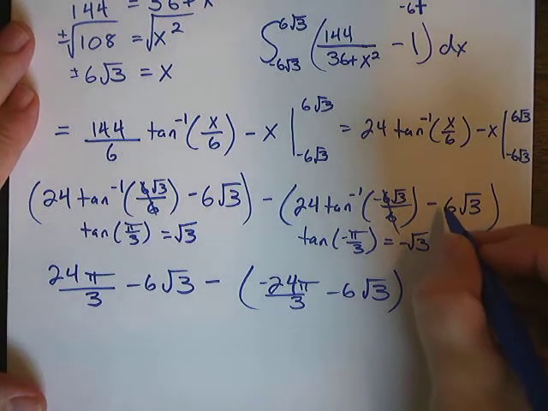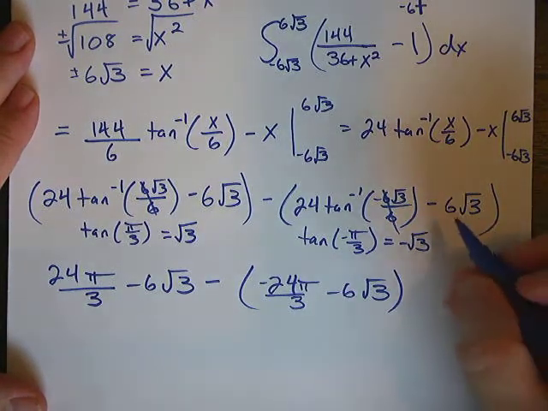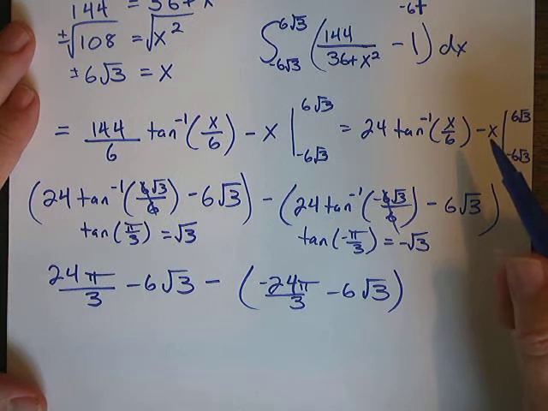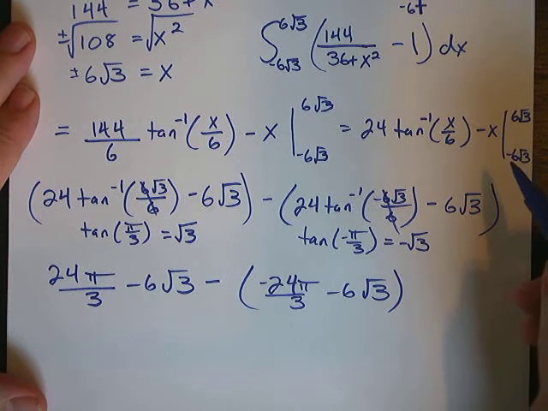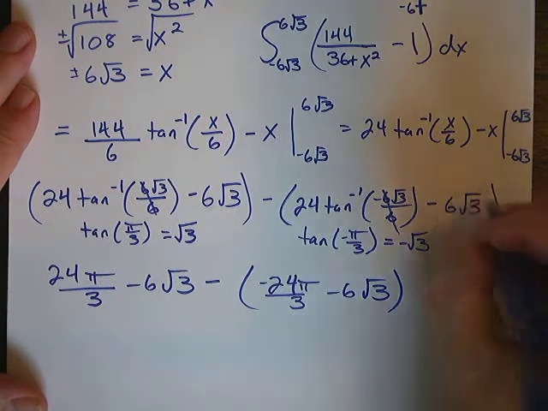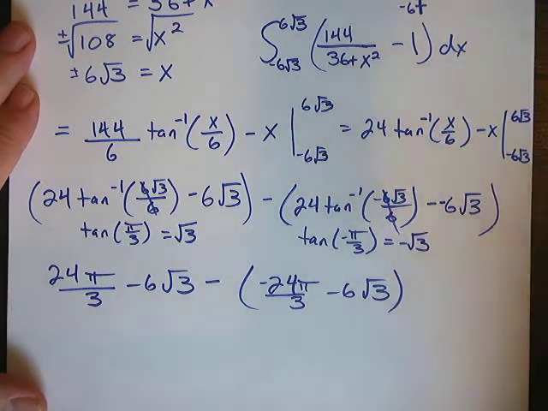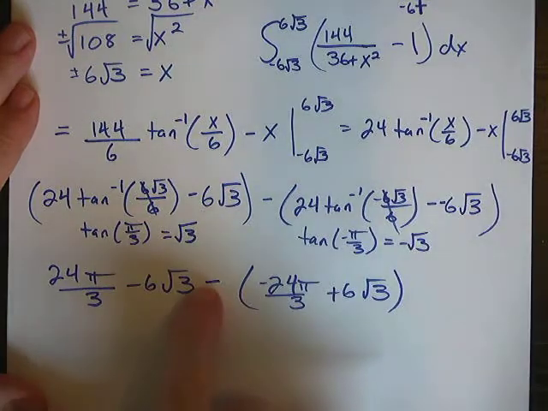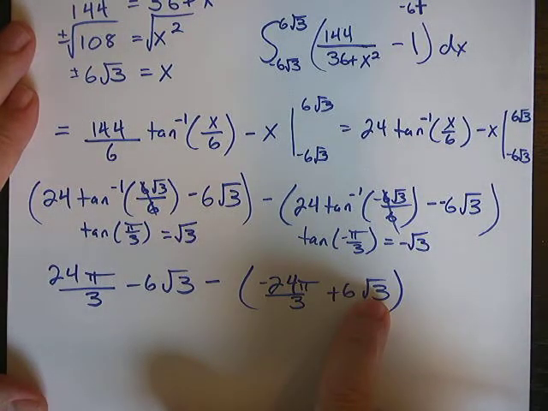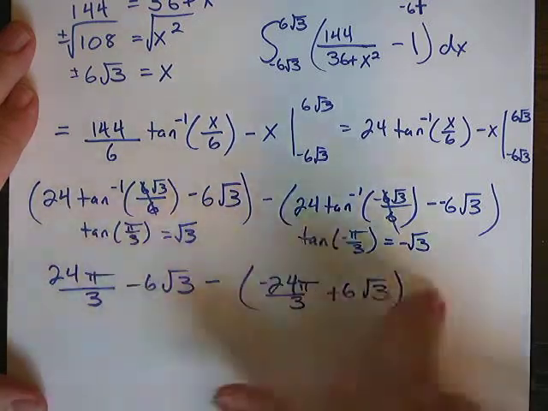Okay, slight mistake. Right here, when I was plugging in the negative x, I plugged in a negative 6 root 3, but I didn't add on the extra negative. So it's minus a negative, which is actually a positive. Then we distribute the negative sign over here and it becomes negative. So these two terms do not cancel out.